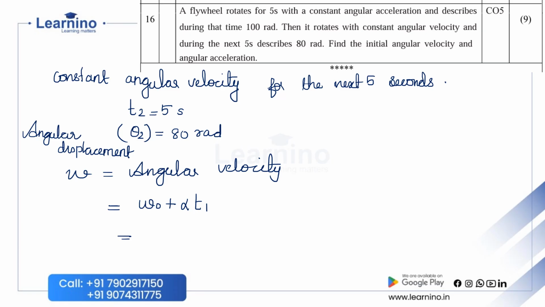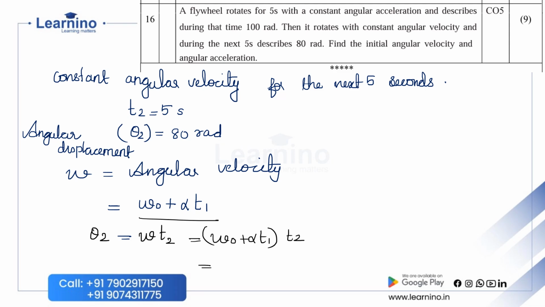Okay, and we know that what is theta 2? Displacement is velocity into time. Velocity is constant, right? So I can write omega into t2. What is omega? Omega is omega 0 initial velocity plus alpha into time t1, into t2.